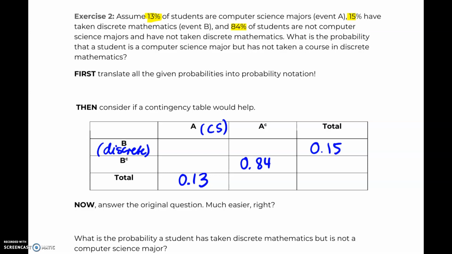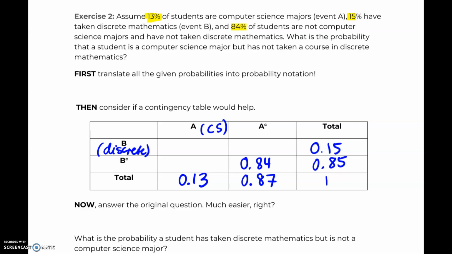Because one thing we know is that our probabilities always add up to 1. So if the probability of computer science is 0.13, that means there's 0.87 probability that someone is not a computer science major. If someone has a probability of 0.15 of taking discrete math, then they have a probability of 0.85 of not having taken discrete math.